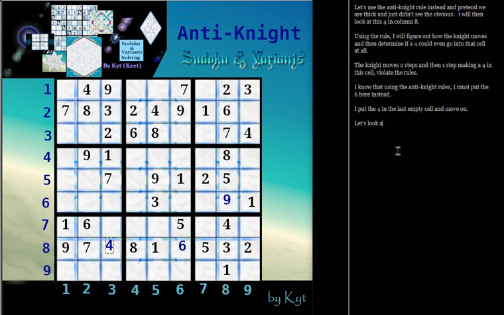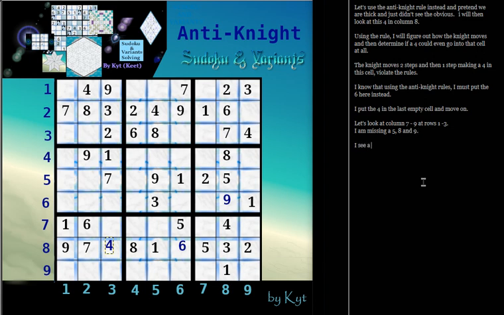Let's look at columns 7 through 9 at rows 1 through 3. I am missing a 5, 8, and 9.